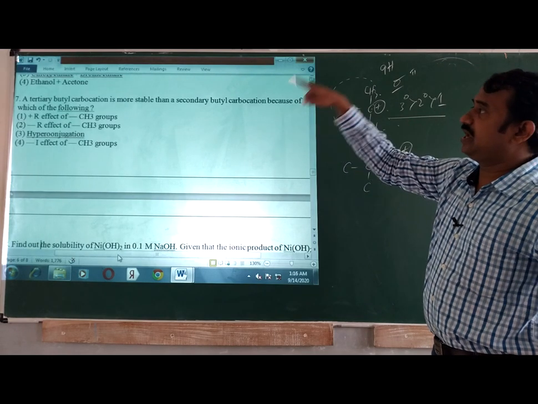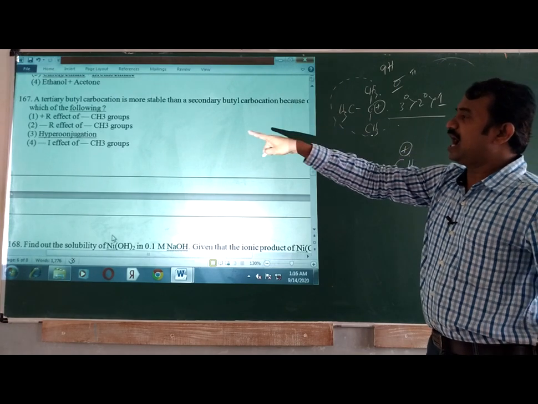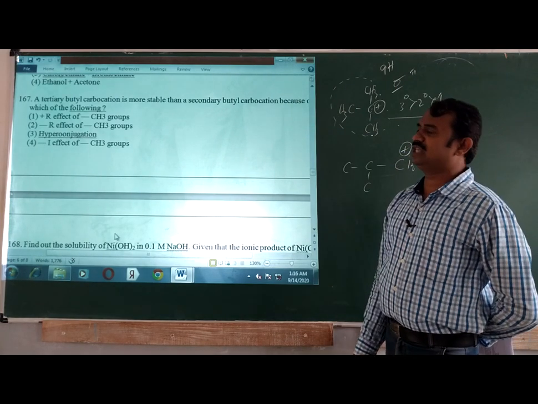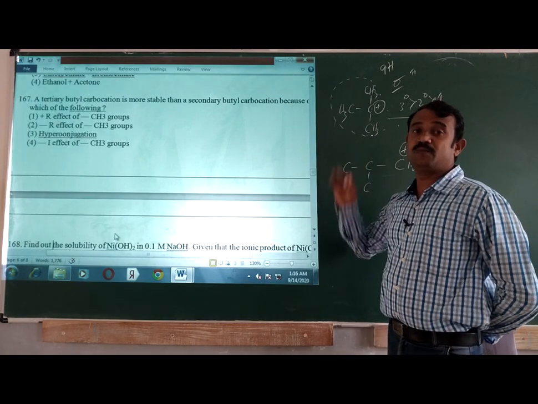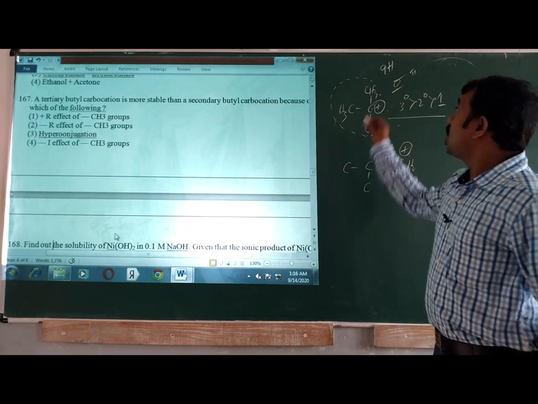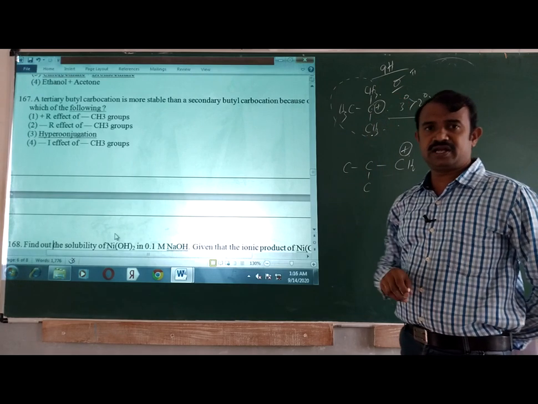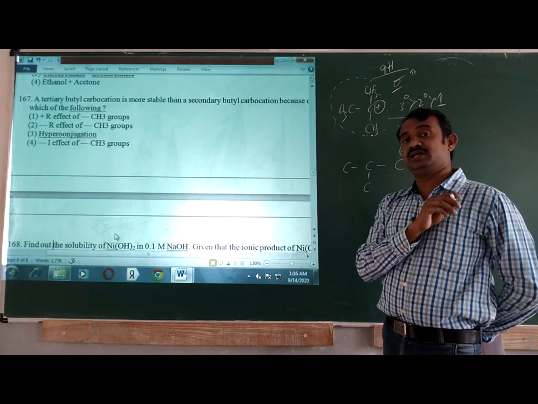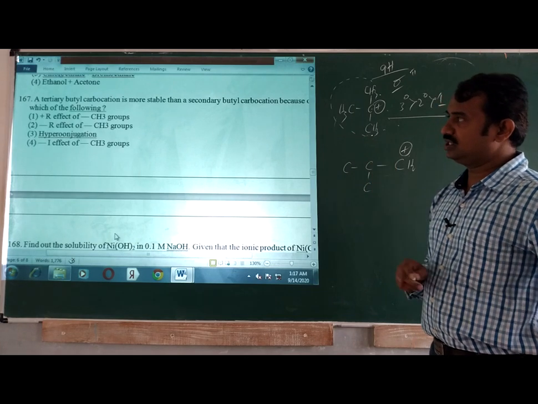Hyperconjugation is an important factor compared to the resonance effect, and negative inductive effect in a methyl group we cannot consider as polar molecules. The tertiary carbocation has 9 hydrogens, but the secondary butyl carbocation has only 5 hydrogens forming hyperconjugation, so hyperconjugation is the correct answer.